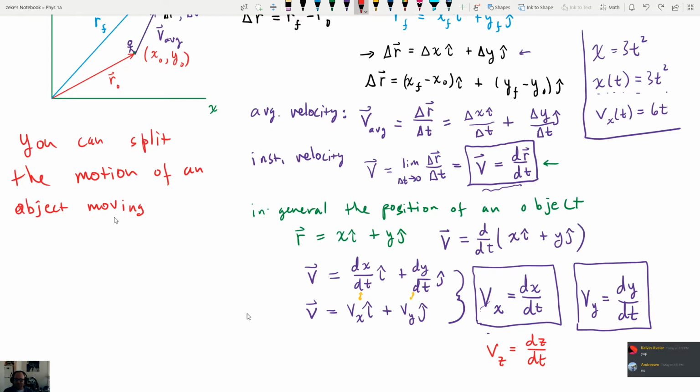Anyway, so you can split the motion of an object moving in 2 dimensions into separate motions.